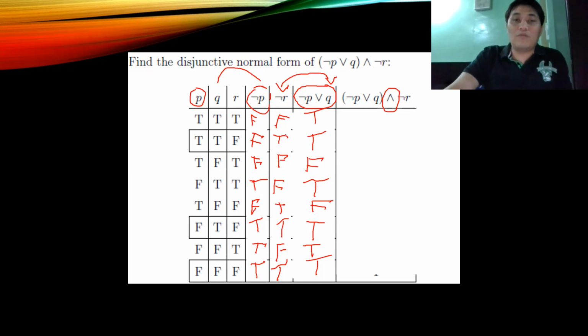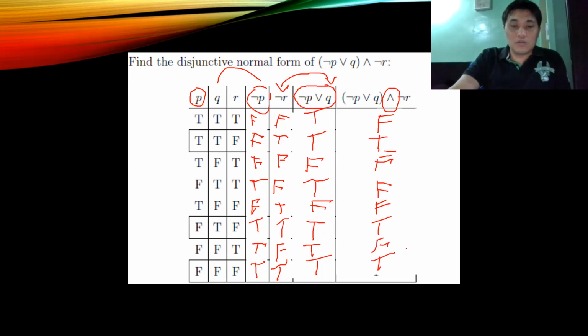So true and false is false. True and true is true. False and false is false. True and false is false. False and true is false. True and true is true. True and false is false, and true and true is true.